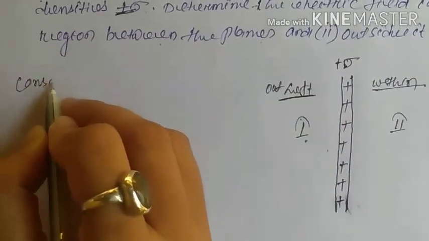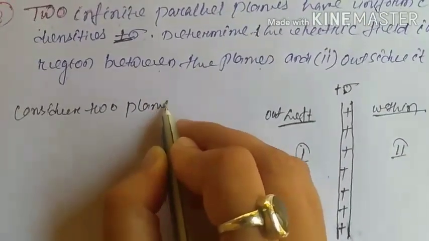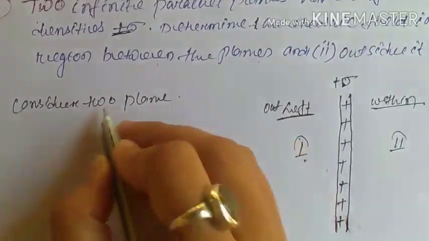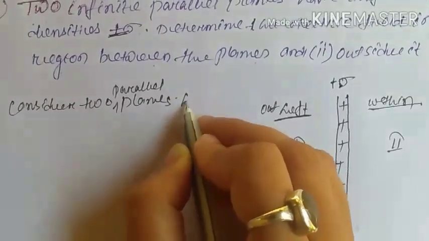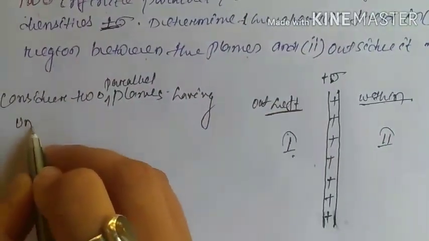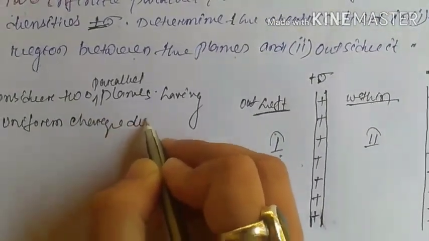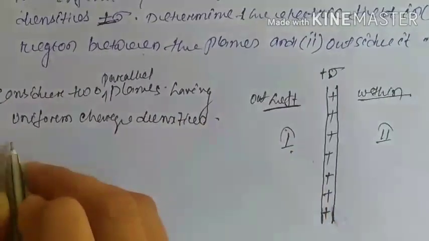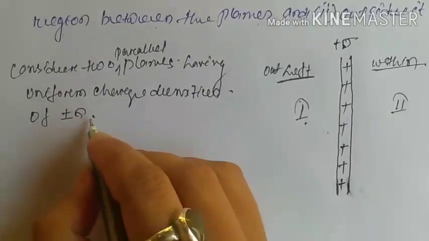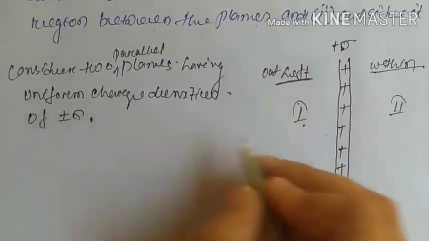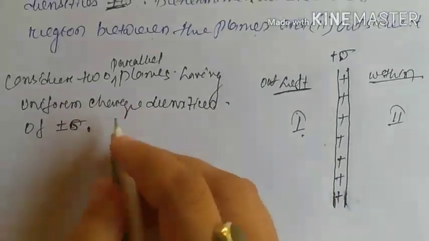Let's write. Consider two parallel planes having uniform charge densities of plus minus sigma. I am including the direction part also, so that you will not get confused, because electric field is a vector quantity.